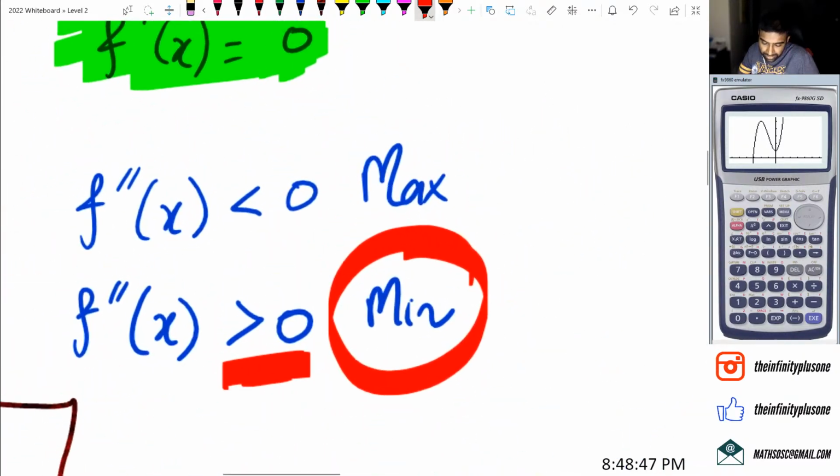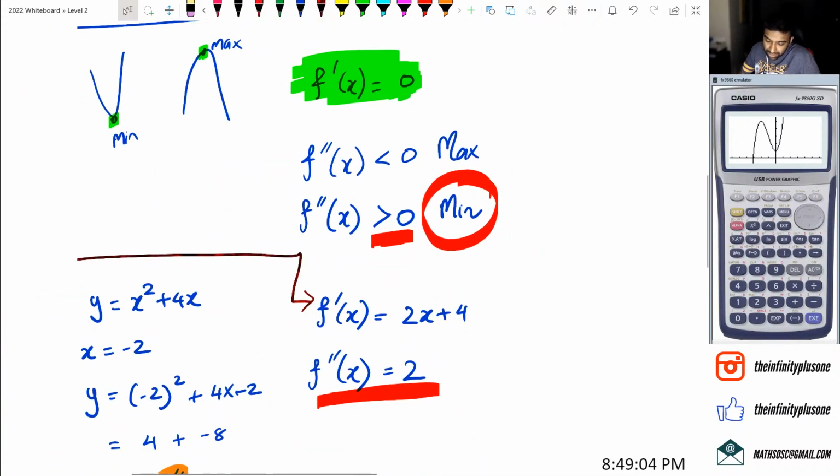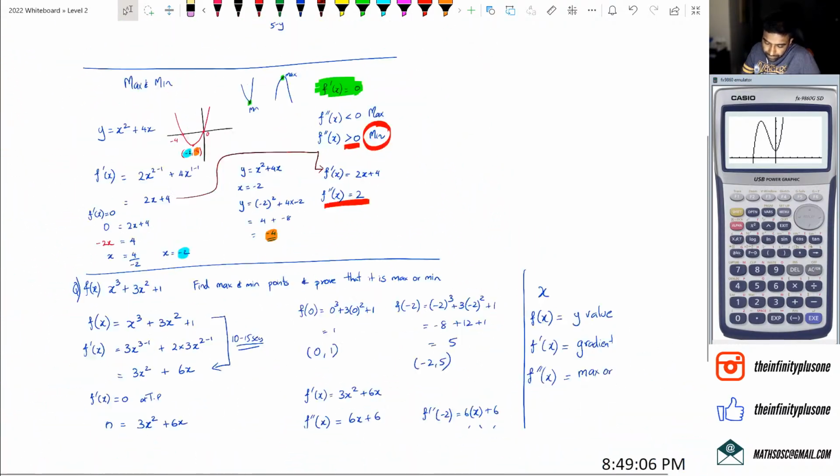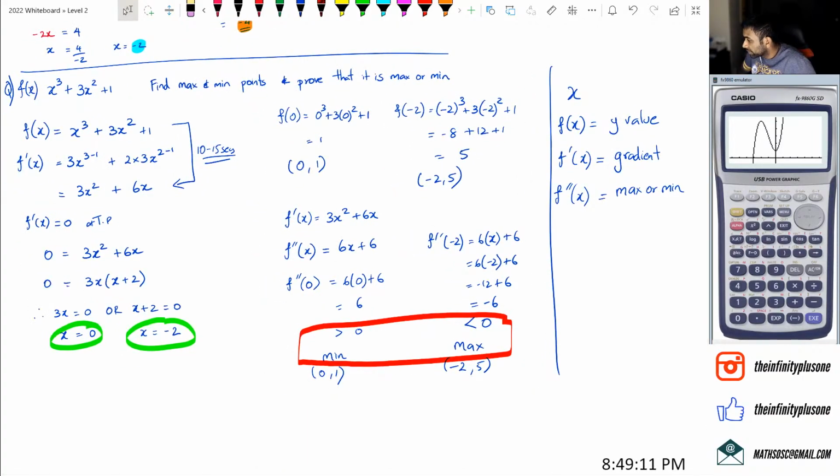This is something you need to remember: when you do f double dash, if the number you get is less than 0, in other words negative, the point is considered a maximum. If f double dash is greater than 0, so it's positive, then that point is considered a minimum. So just something that is worth remembering, Sniper.